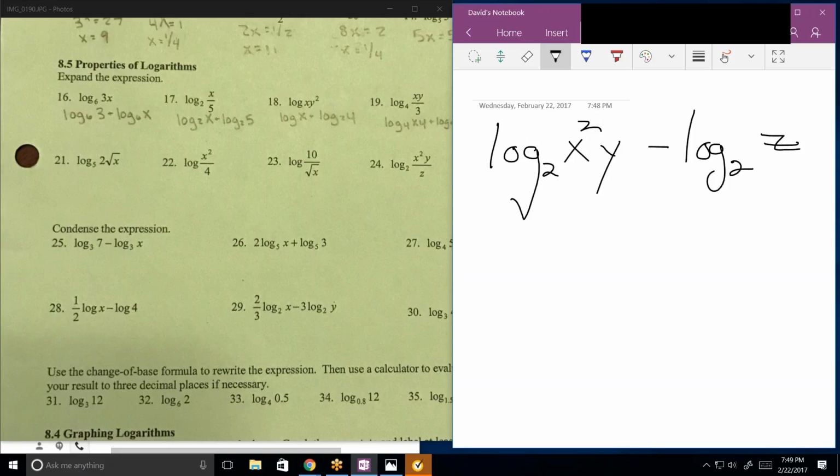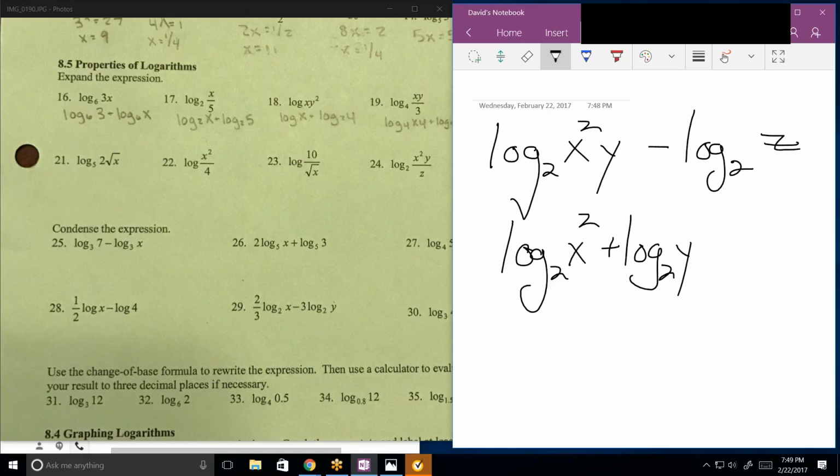Don't try to bring down that exponent, because that 2 does not belong in front of the log sign at the moment. You can't bring it down until you've taken that y out of there. The y is not being squared. So I have to separate these into 2 logs being added first before I can move that 2 down. So it's the log base 2 of x squared plus the log base 2 of y.